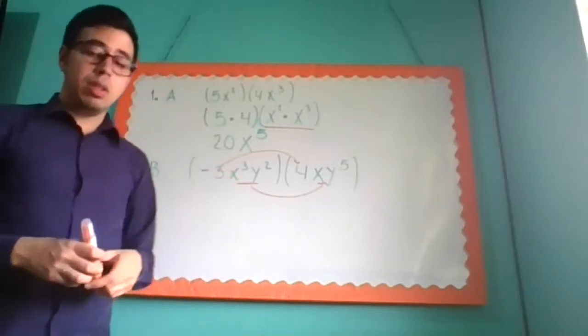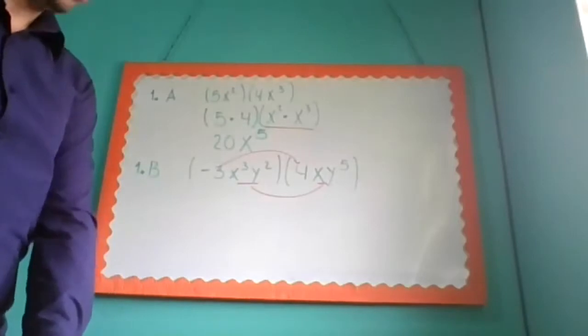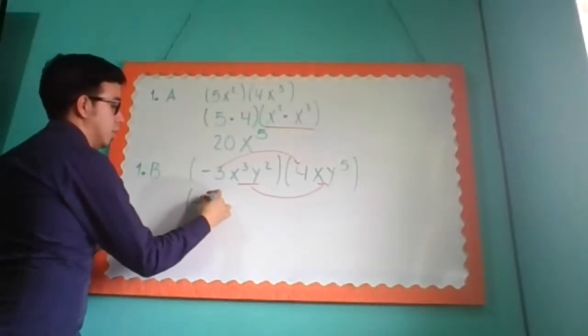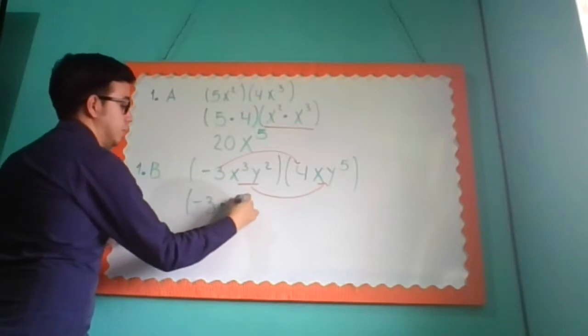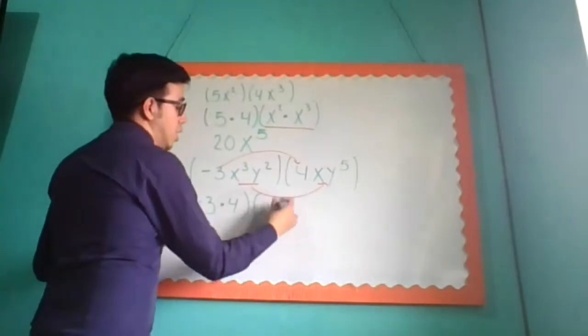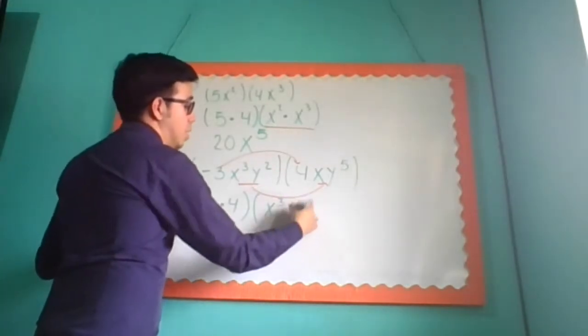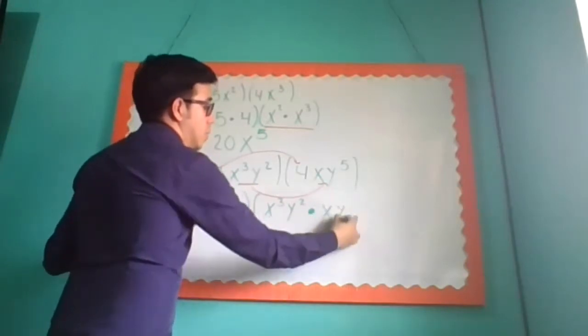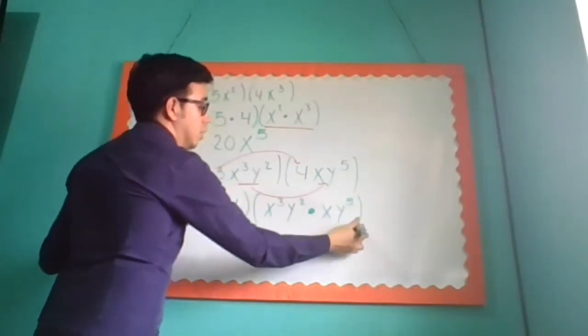We are going to do the same here. So we have negative 3 times 4, and in other parentheses I have x to the power of 3, y to the power of 2, multiplied by x, y to the power of 5.